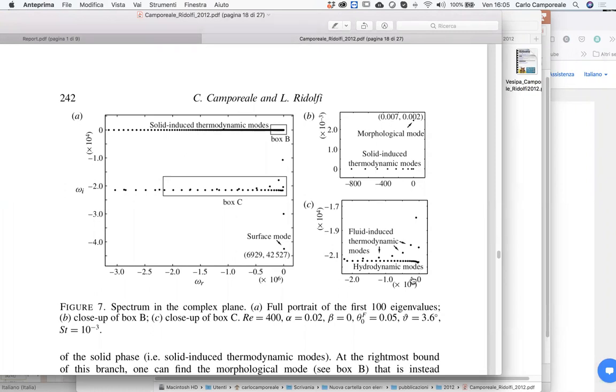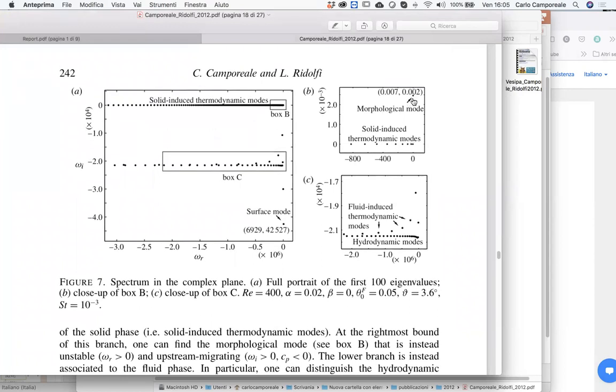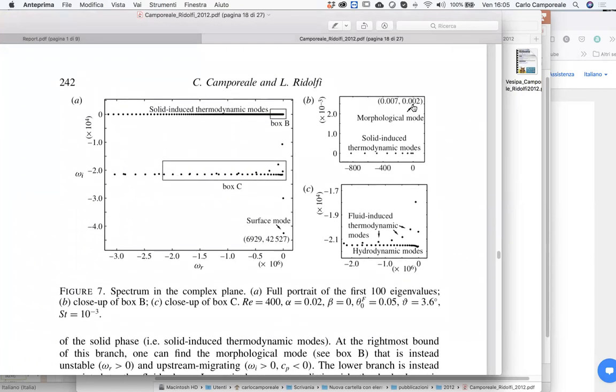So it's all together. The morphological mode is here.